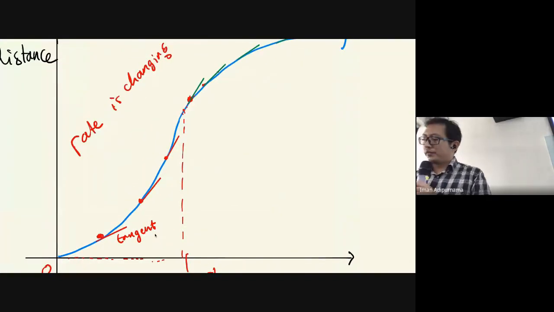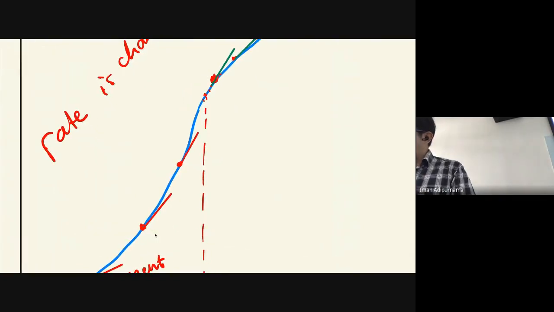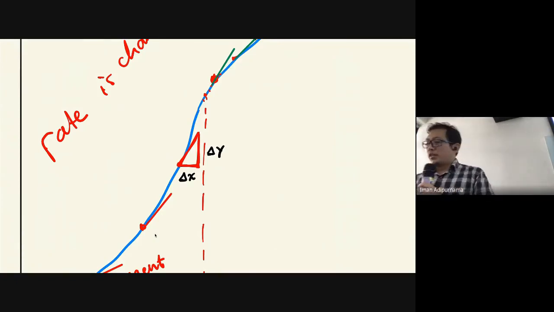If you zoom in on any point here, what derivatives really mean at the very beginning, because we are relating the tangent, is that the tangent is delta y over delta x, right?